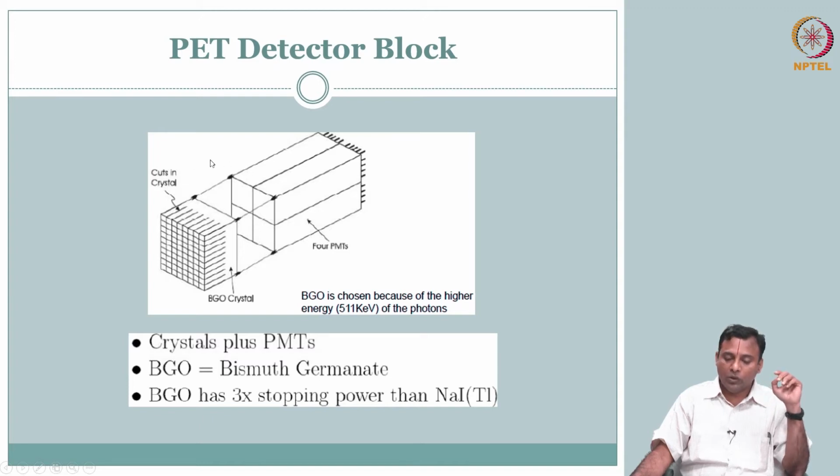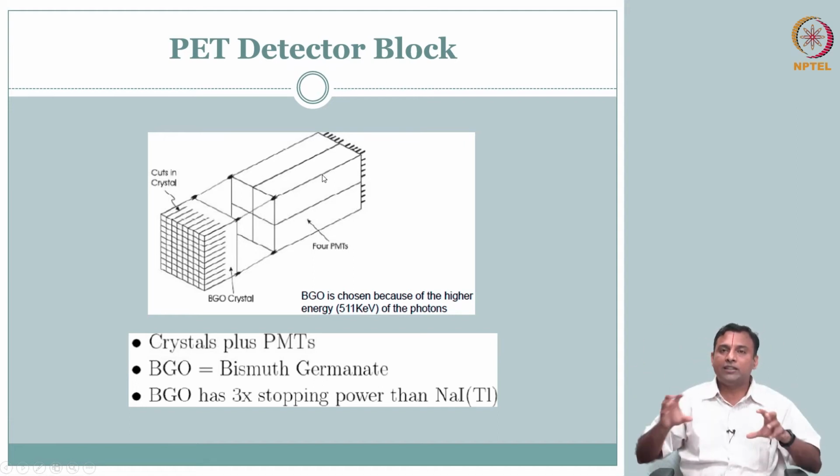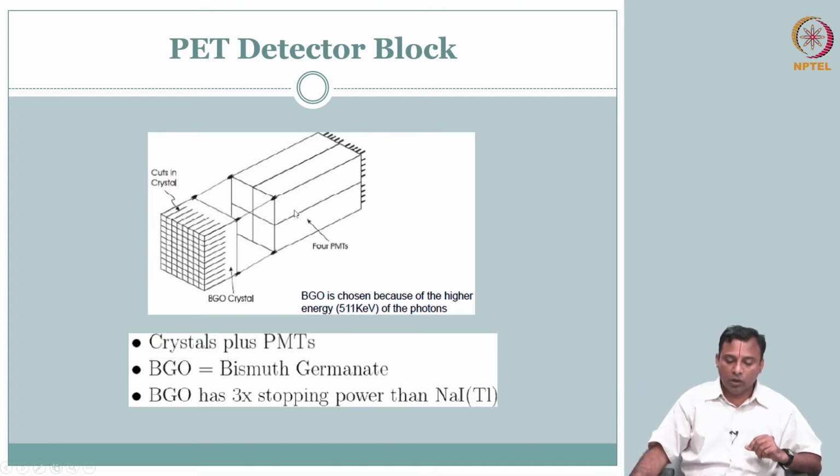So you have a big detector constructed based on several blocks, and in each block you have these 4 photomultiplier tubes. This is one block that is shown here. So this block is basically your crystal plus your photomultiplier tube, like your previous one.